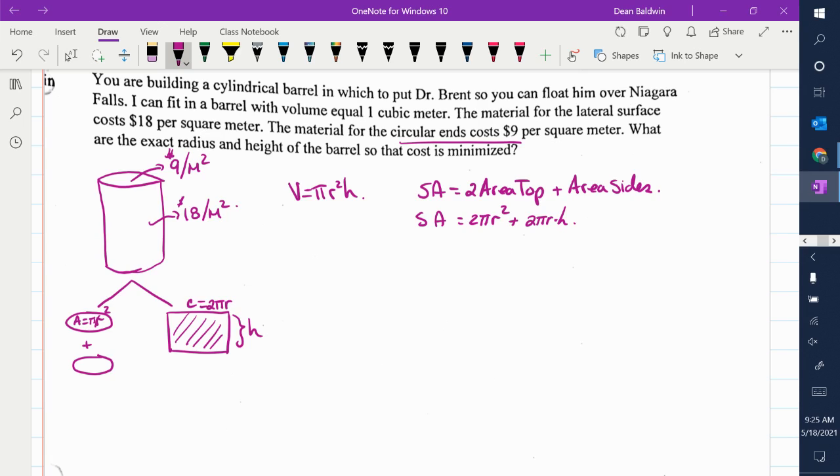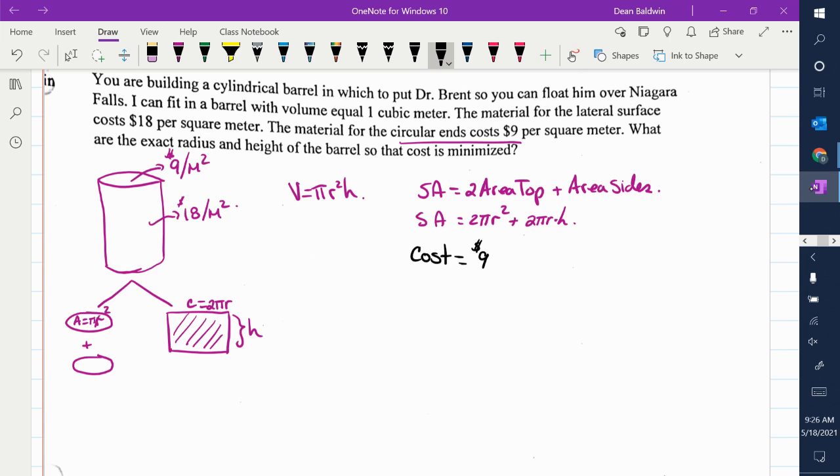Now, the reason I did that is because they give us how much it costs per square meter, per area. So I need to generate a cost formula. Okay. How much does it cost to build the top of the can? Top and bottom. $9 per square meter. This is how much I have in the square meters, right?